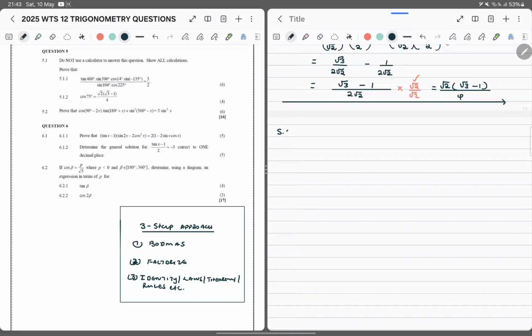Okay, let's look at 5.2. We need to prove that. Okay, so let's write it out first. Cos of 90 degrees minus 2x times the tangent of 180 degrees plus x plus sine of 360 degrees minus x should be equal to 3 sine squared x.